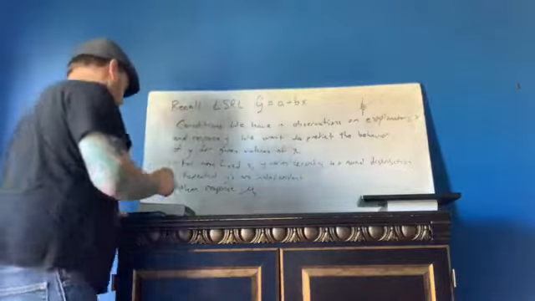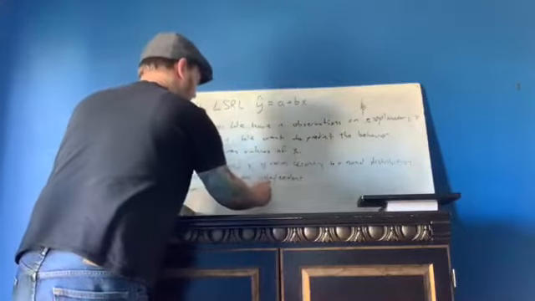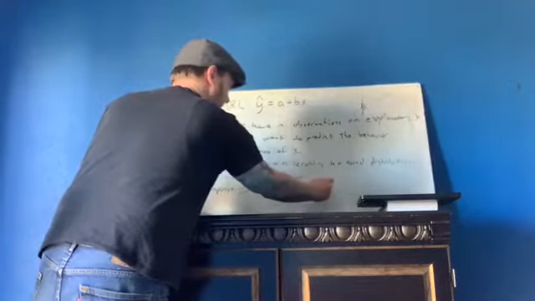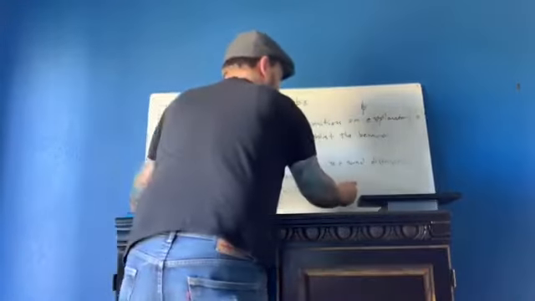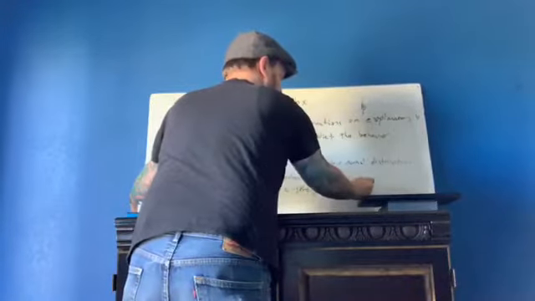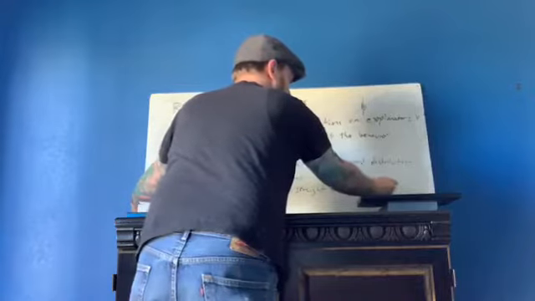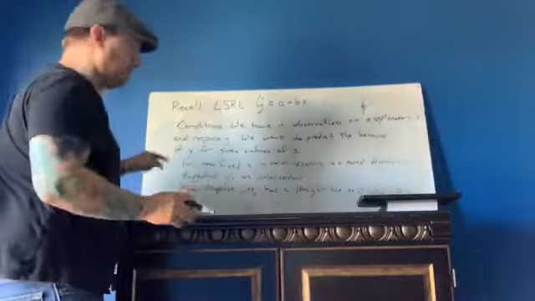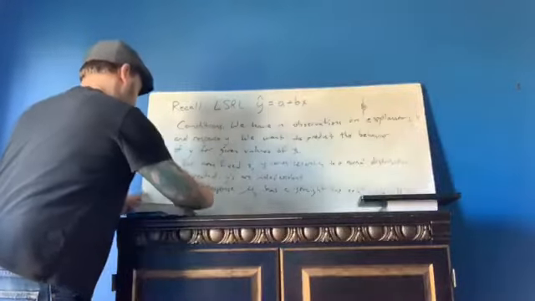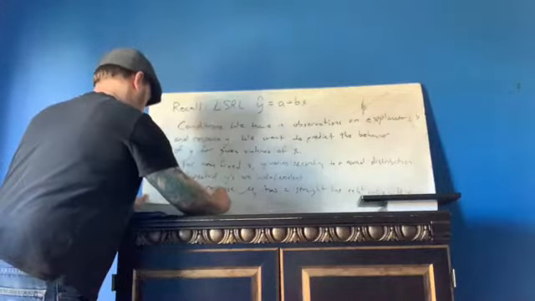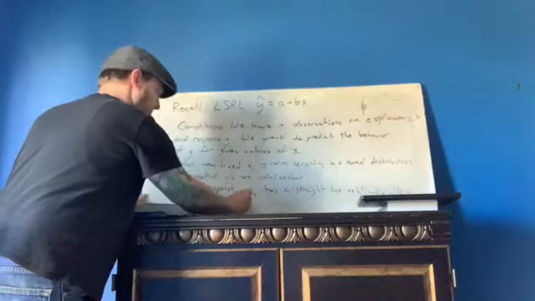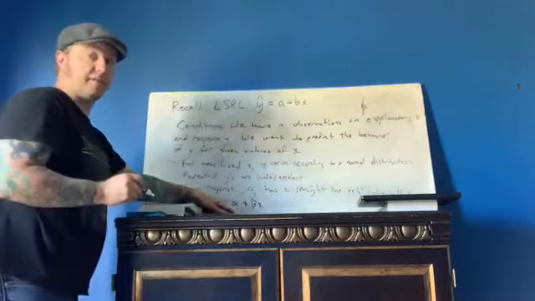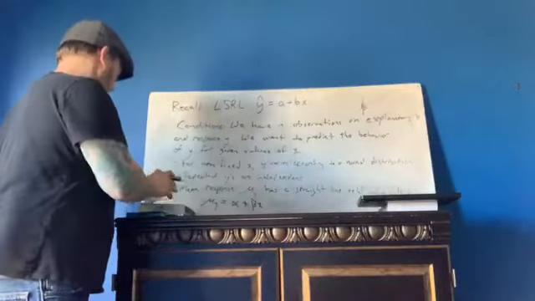The mean response mu sub y has a straight line relationship with x. Can you see that? Okay. So mu of y equals alpha plus beta x.